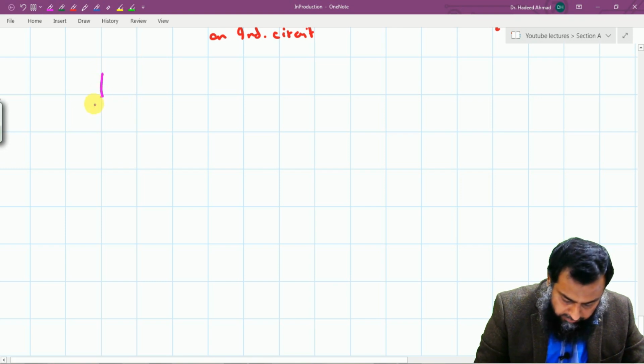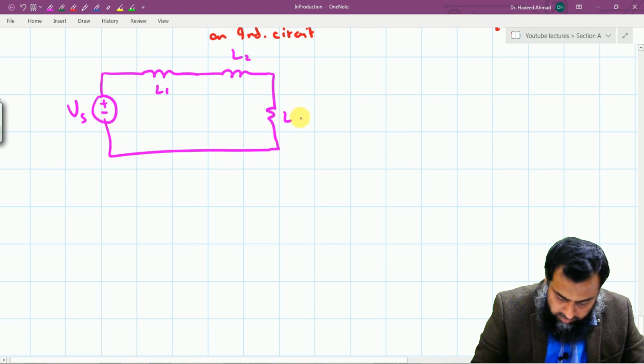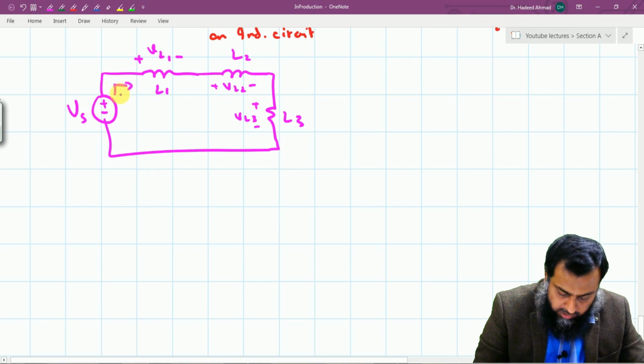Let us say we have this V of S, and this is L1, this is L2, and this is L3. Because we have the inductances available, let us say we have this voltage VL1 here, this is VL2, and this is VL3, and here we have some current IS flowing.